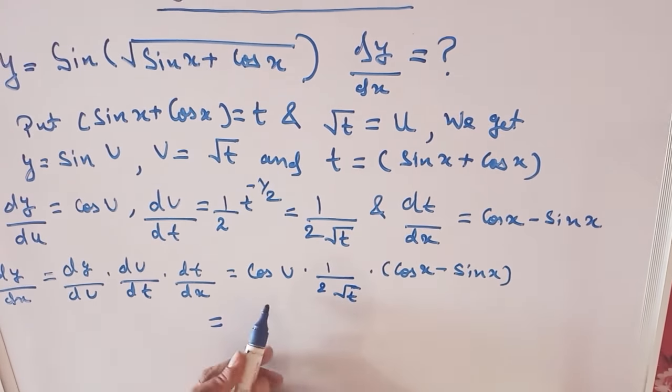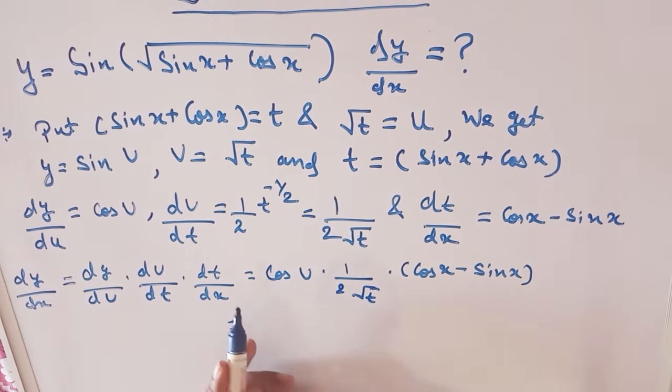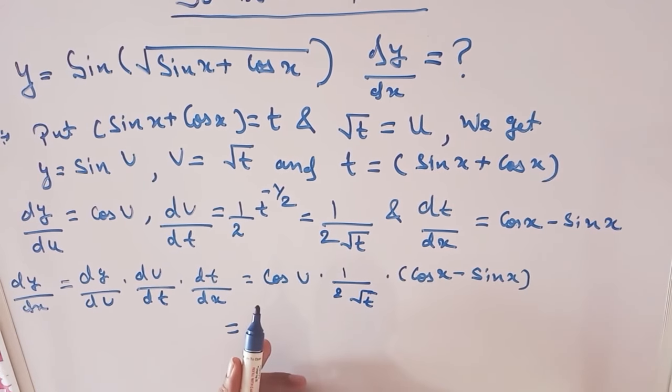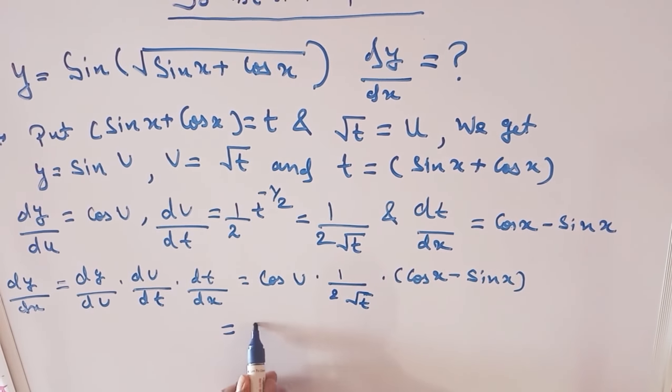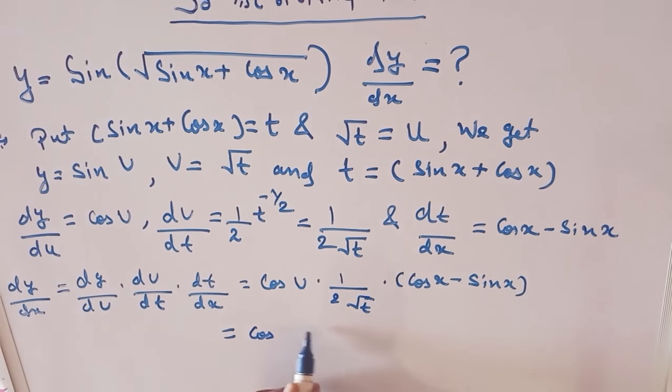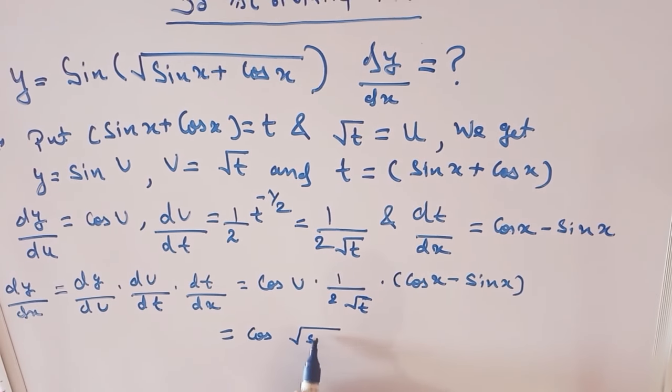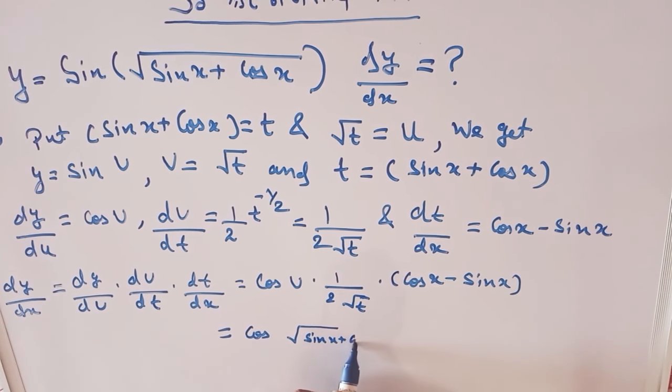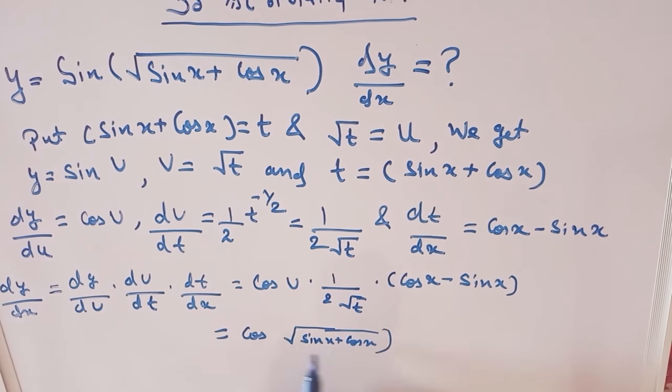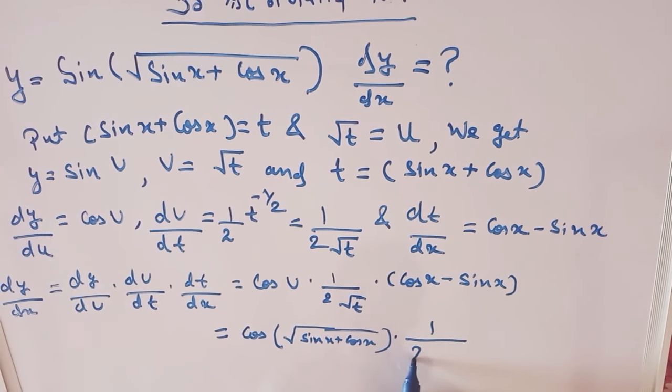Just put the values. Okay, so cos u will be cos root t, where t is equal to sin x plus cos x. So cos of root of sin x plus cos x, multiplied by 1 upon 2 root t.